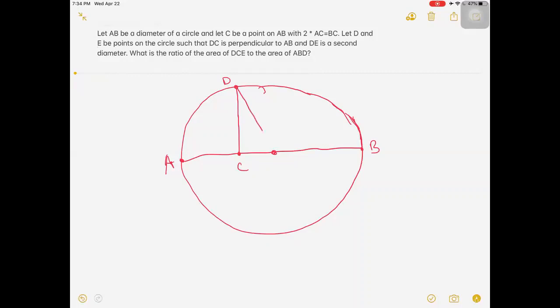So E is just going to be the opposite point. And it says, what is the ratio of the area of DCE? So this triangle right here is the area of ABD, which is this triangle.